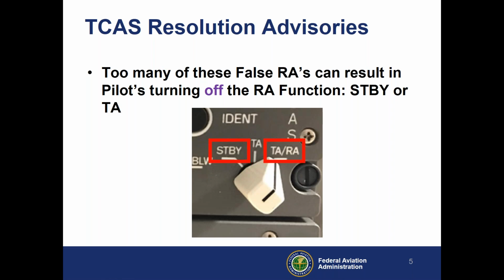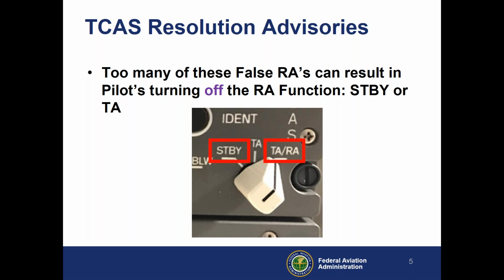One of the problems is if you have a lot of false targets, it's the law of unintended consequences. Pilots can effectively turn off the resolution advisory mode. So if they go to TA mode, they'll just get traffic advisories.